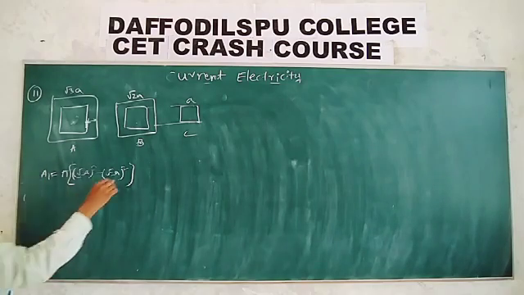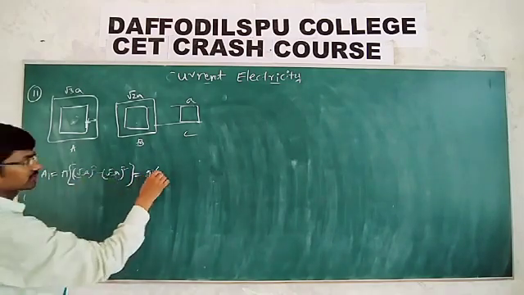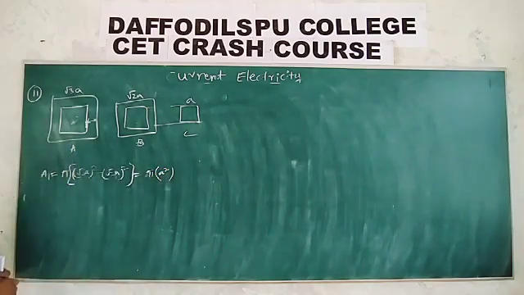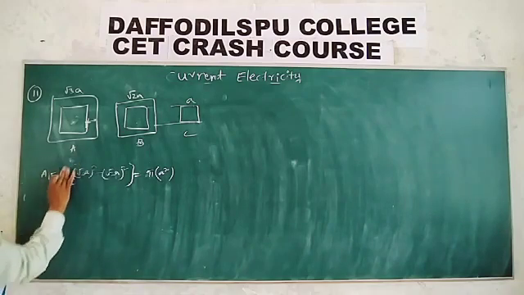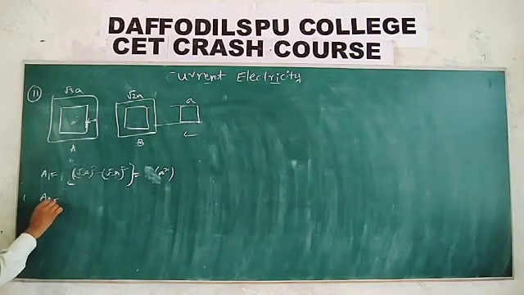A1 is equal to pi into 3a square minus 2a square, which is pi a square. Similarly, A2 is equal to what?